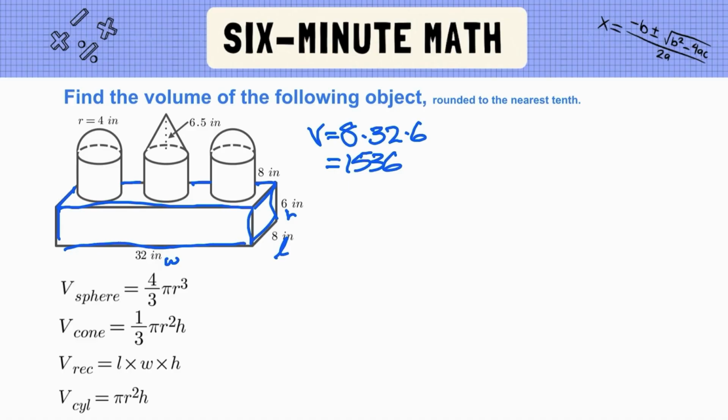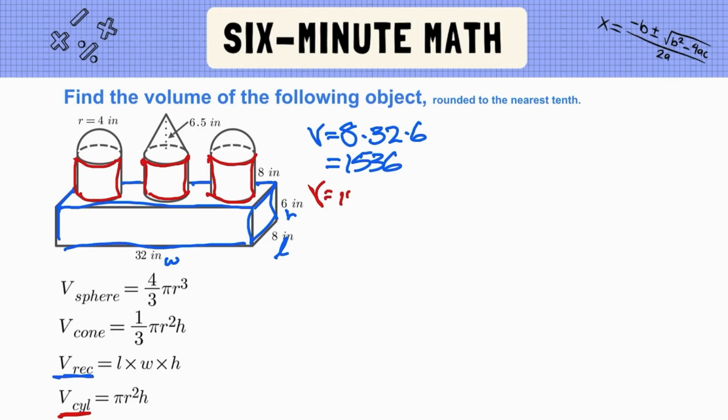Next, I'm going to do my cylinders, and we're going to do those in red. Let's just make sure our colors are coded here. So we have 3 cylinders. They are all the same. So I'm going to find one of my cylinders and multiply it by 3.